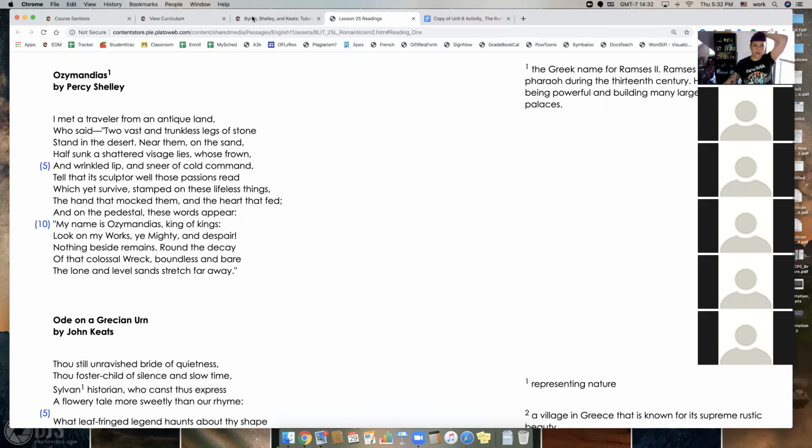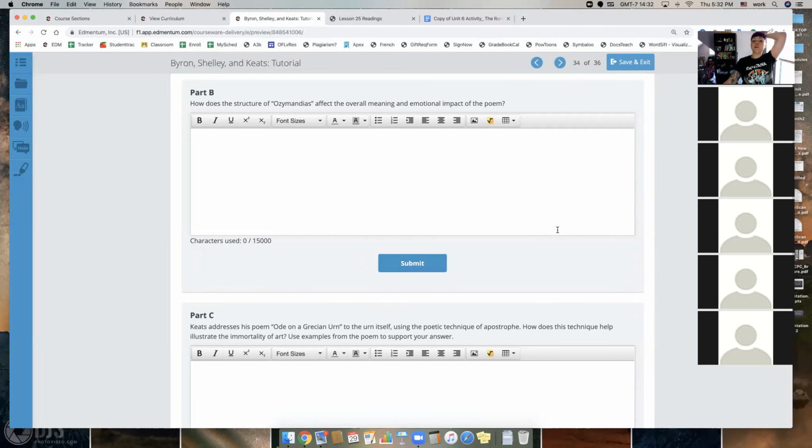So, what is the question? How does the structure affect the overall meaning and emotional impact of the poem? I actually find this question super confusing because I don't really know what they're trying to ask when they say the structure. Because when I think of the structure of a poem, I'm thinking of how it's actually constructed.